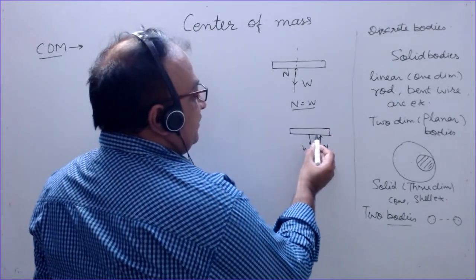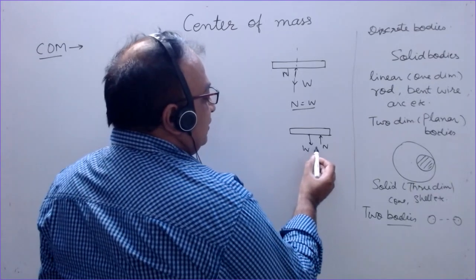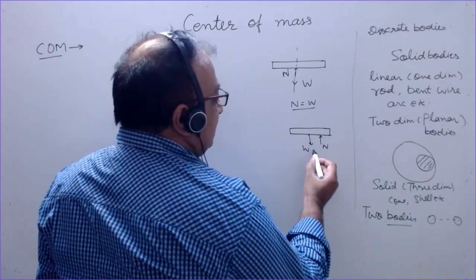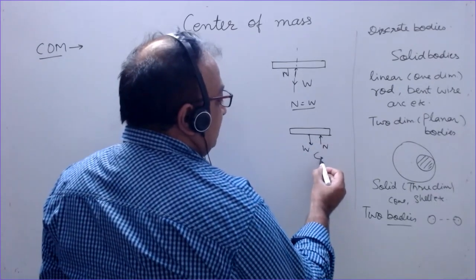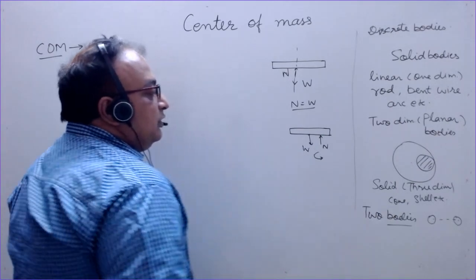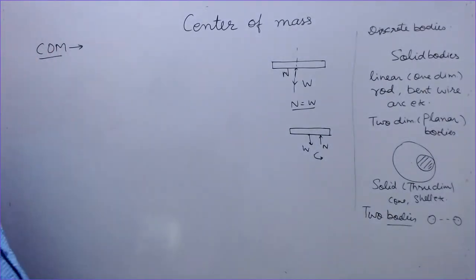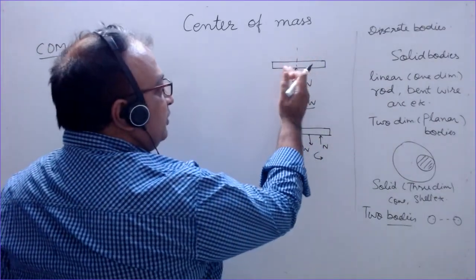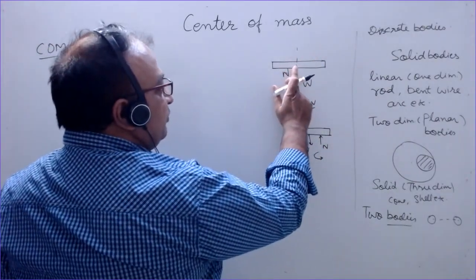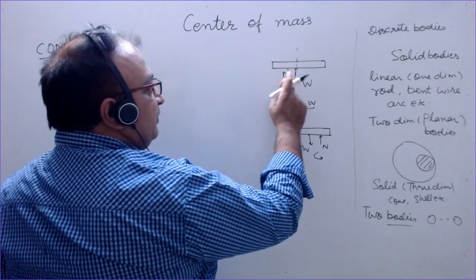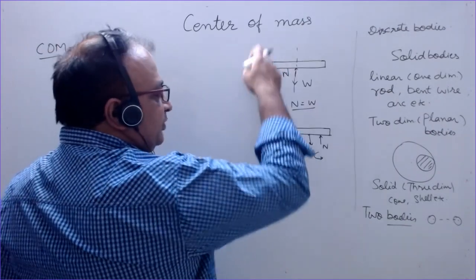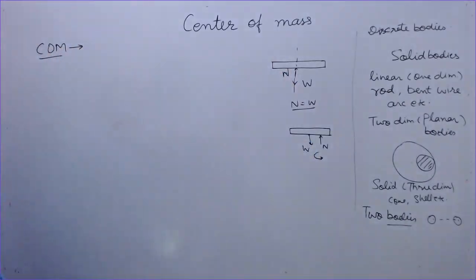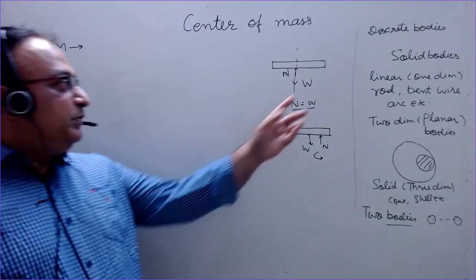So what happens because of this couple? This will rotate in this direction. Similarly, if you move your finger to the other side, then a couple will be formed, with the normal reaction in the opposite direction, and it will rotate in the opposite direction. So why is this balanced in this position?